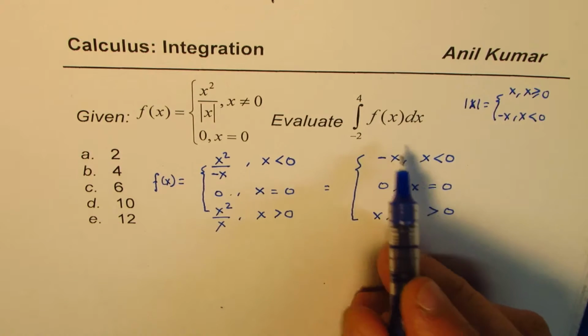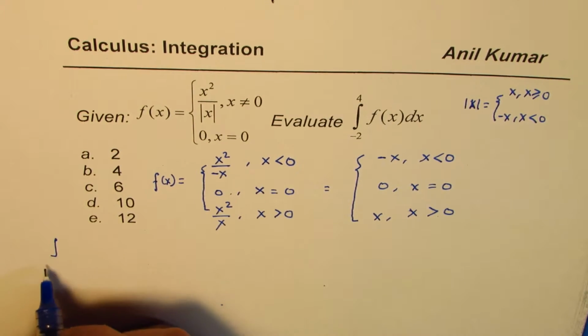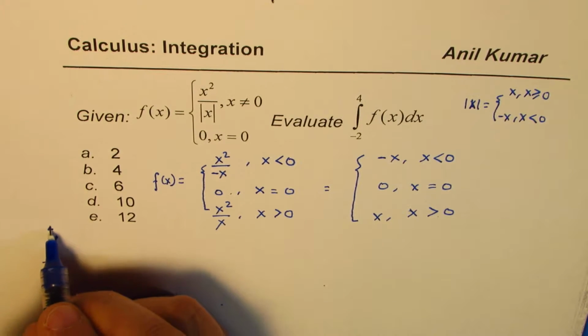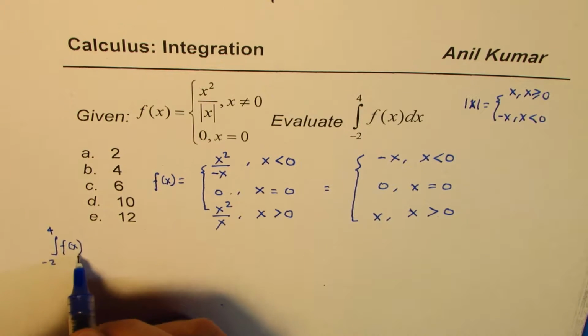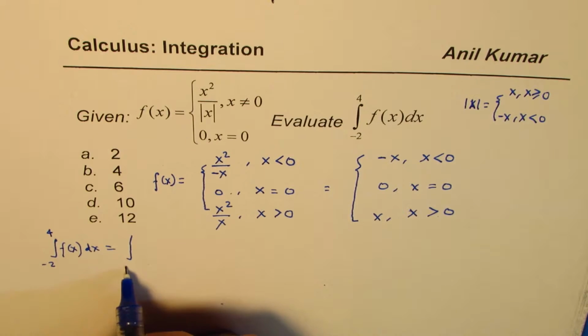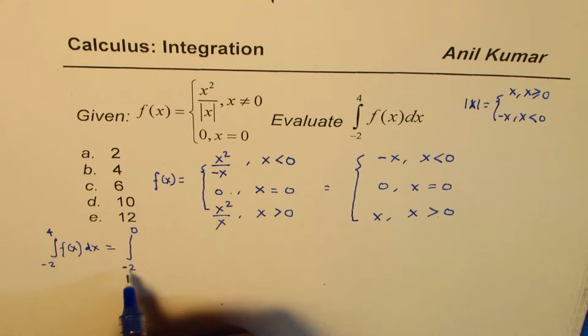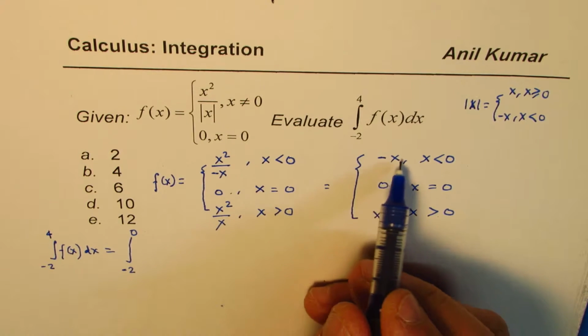So let's integrate this. We have the integral from minus 2 to 4 of f of x dx, which equals, we'll do it from minus 2 to 0. When we're talking about minus 2 to 0, the integrand is minus x, right?